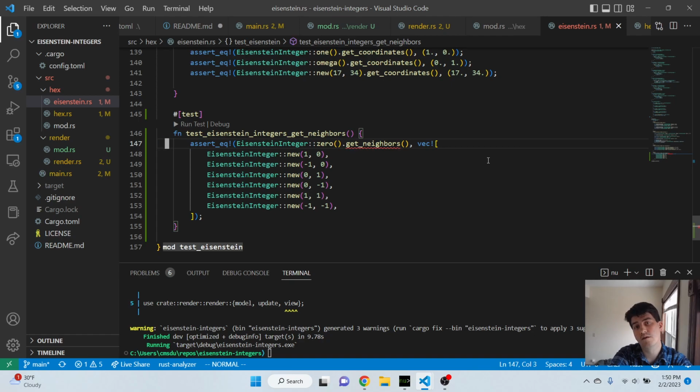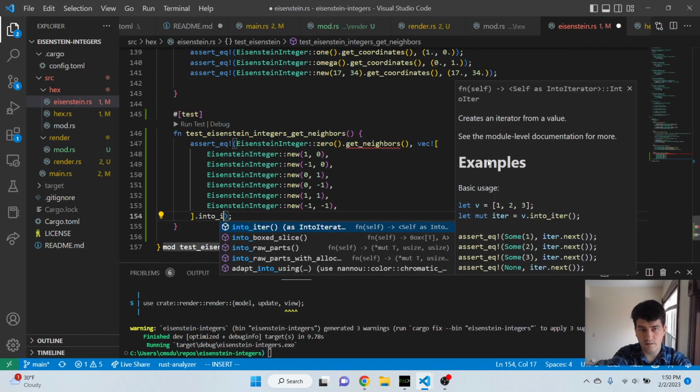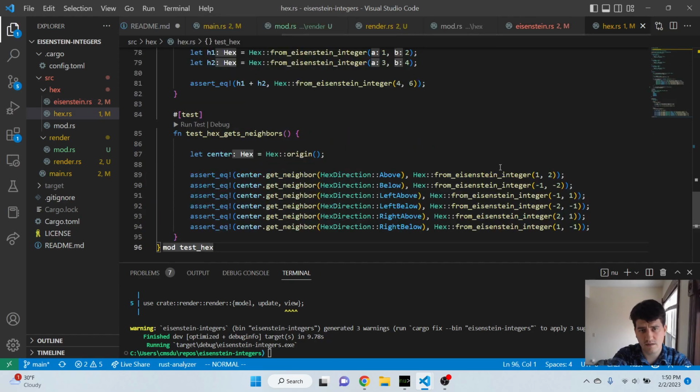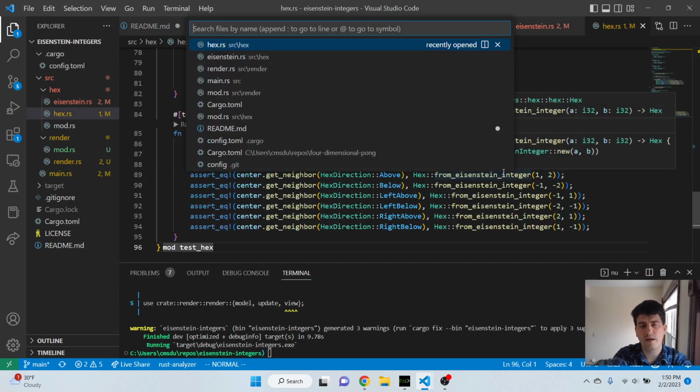And it should be not a vec, into iter collect. Which reminds me that hex, I didn't do it that way.